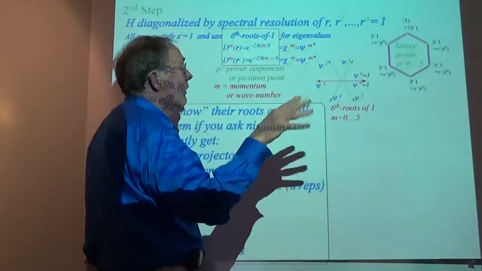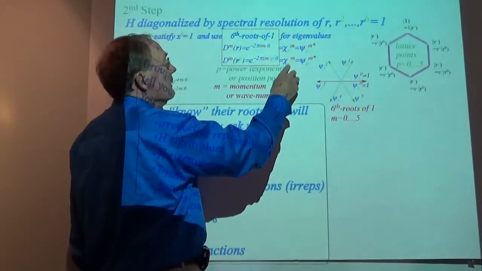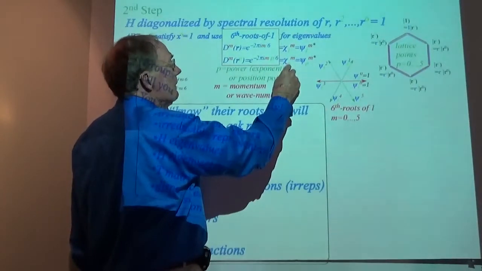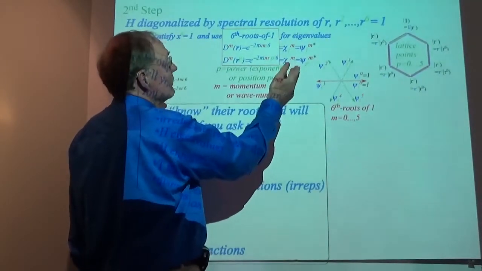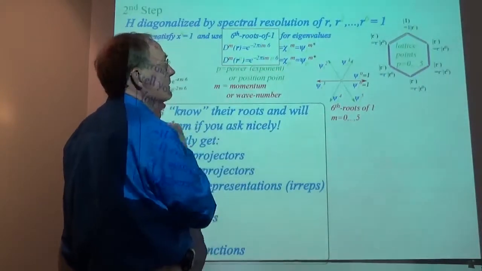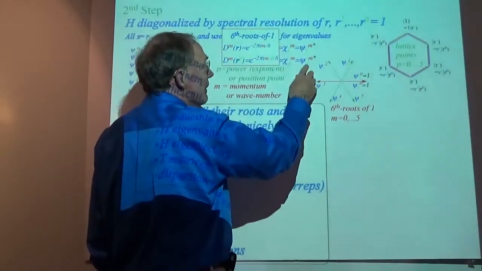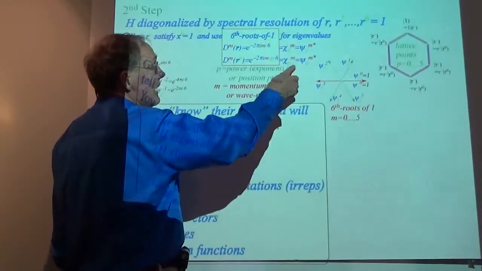That's going to work for all of the stuff we do in this course. And then the subscript is telling you which element is being represented, which R to the P is being represented. So this is like a coordinate. Where are you on the lattice? What point are you on the lattice?